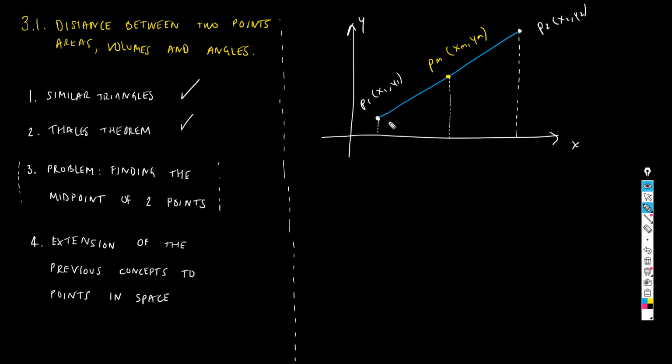And then I'm going to draw a perpendicular to the y-axis from this point up until it touches this segment. There you go. So we're going to create this figure, which is very similar to what we did in the class before. And we're going to make use of the Thales theorem, which makes use of similar triangles, in order to solve this problem. Okay, here we go.